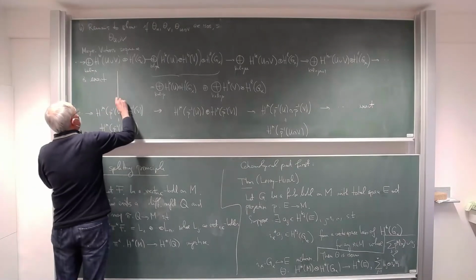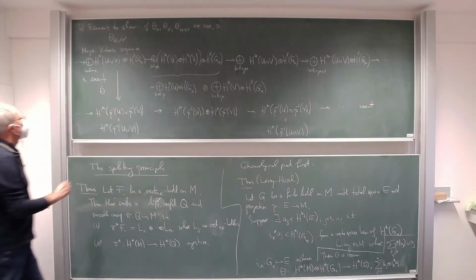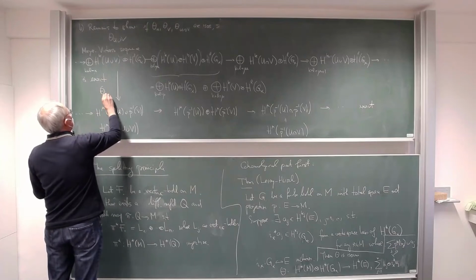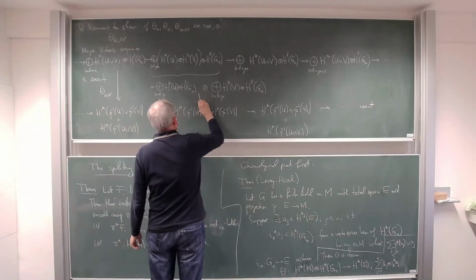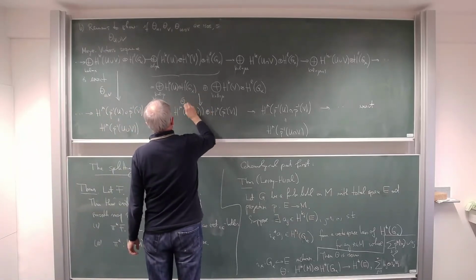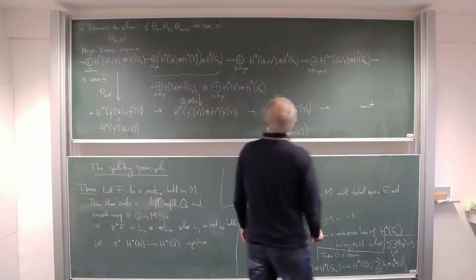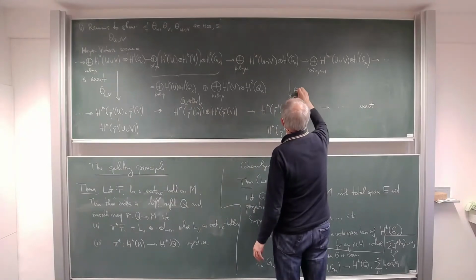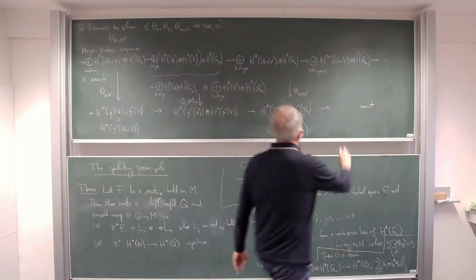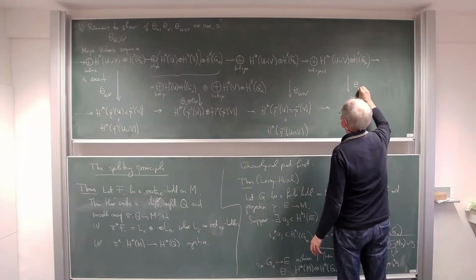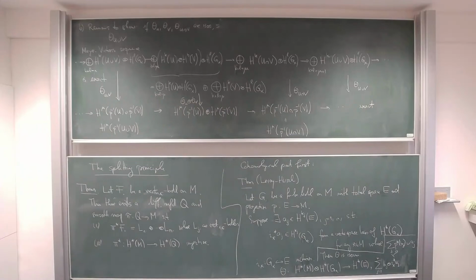So we have the theta map here, restricted to the level U, which is associated with U union V. Here we have theta U plus theta V. And here we have theta U intersect V. And here again we have theta U union V. Now on the next level U plus 1. And so on.